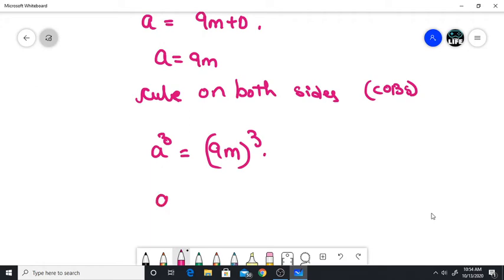Now a cube equals, take 9 outside, then you get 9 into 9 square cube.